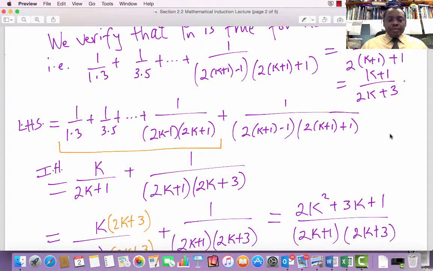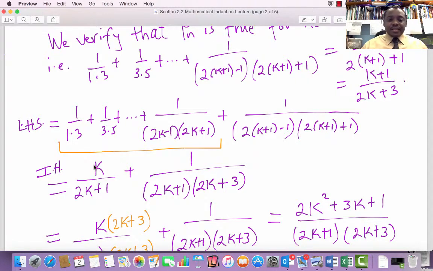So going back to our problem, the sum right up to when n equals k by the induction hypothesis is k divided by 2k plus 1, plus the only thing that is left unaccounted for right now is the last term, and we leave it exactly as it is.